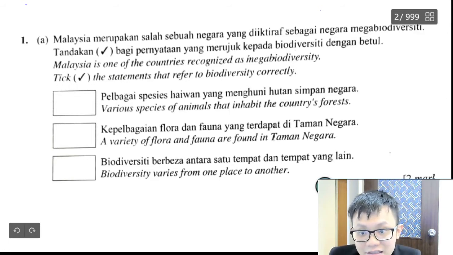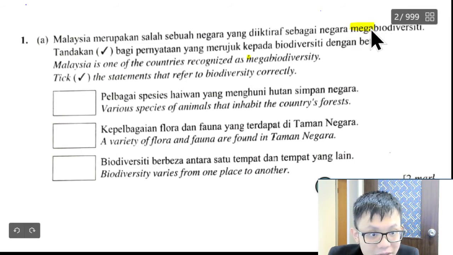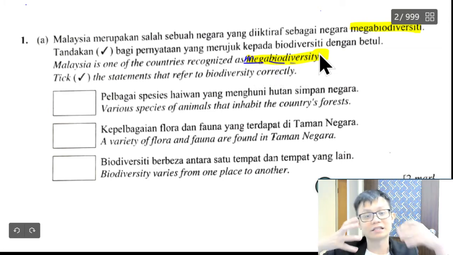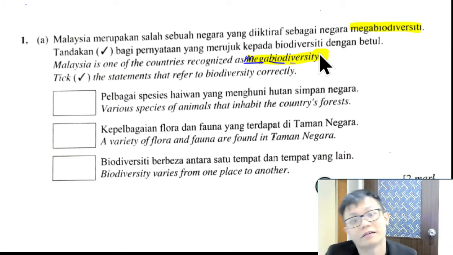Okay, so Malaysia is considered as, this is B. Mega biodiversity. So mega means big and biodiversity means Malaysia has a very big biodiversity.